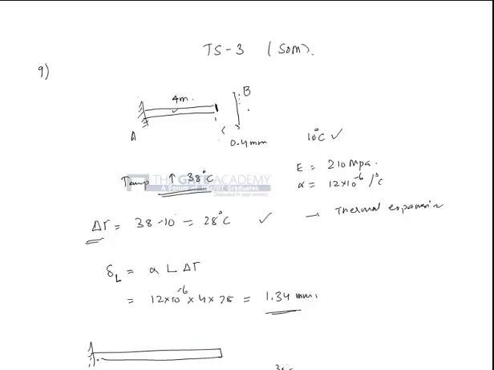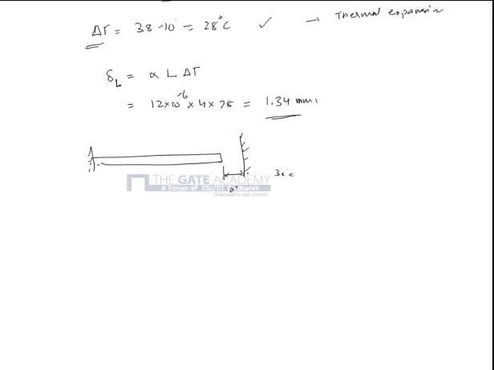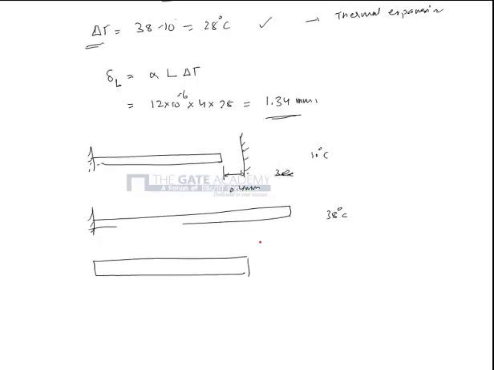Let's do it like this. This is your 0.4 mm gap. If it can expand like this when kept at 38 degrees, but you have a gap like this, the actual expansion will be something like this.